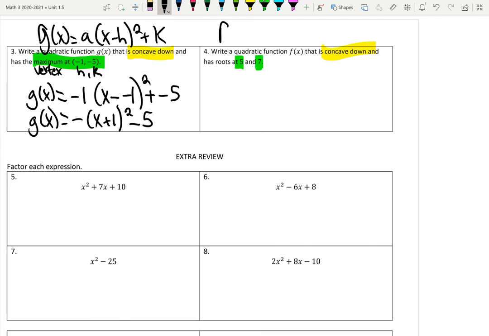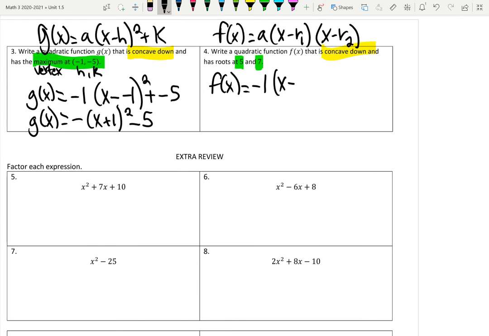The generic form is going to be f of x is equal to a times x minus root 1, x minus root 2. Plugging the values in, concave down, I like to just keep it simple, negative 1, x minus 5, and x minus 7. You can use Desmos to check to see if this is an accurate picture for number 3 and 4.